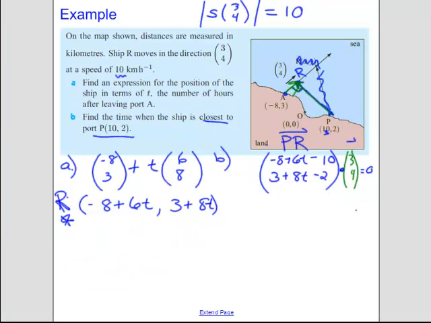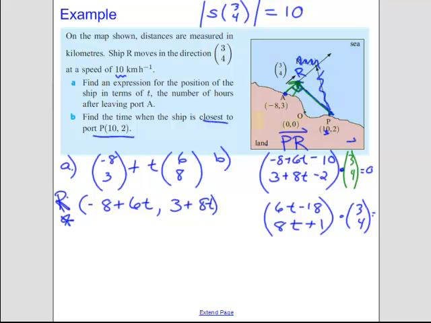So now I'm going to simplify this just a smidge. Therefore, this gives me (6t minus 18, 8t plus 1). Then I'm going to dot product that with (3, 4), and that has to equal 0.